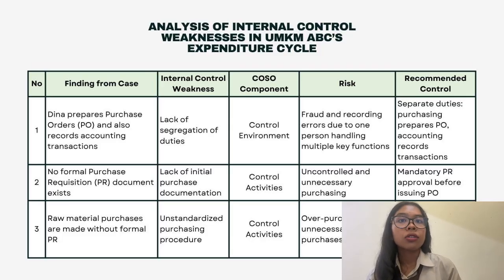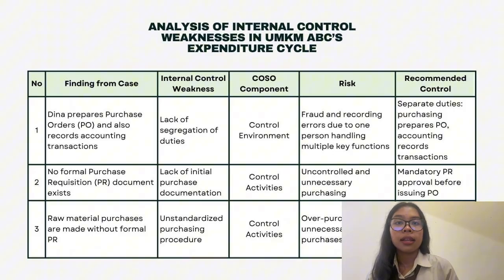The internal control weakness is lack of segregation of duties, and the causal component is control environment. The risk is fraud and recording errors due to one person handling multiple key functions, and the recommended control is to separate the duties of purchasing, preparing the PO, and recording accounting transactions.